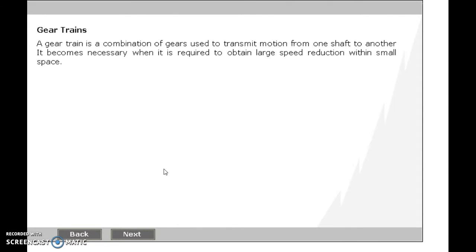A gear train is a combination of gears used to transmit motion from one shaft to another shaft. It becomes necessary when it is required to obtain a large speed reduction within a small space. Such a drive transmits power from one shaft to another when the distance is so small.